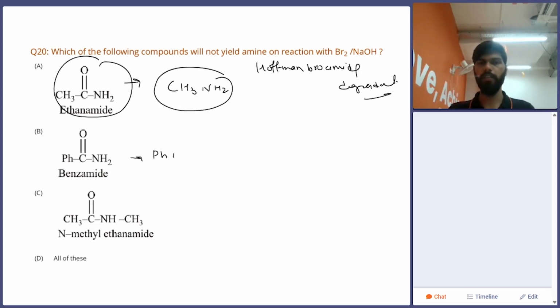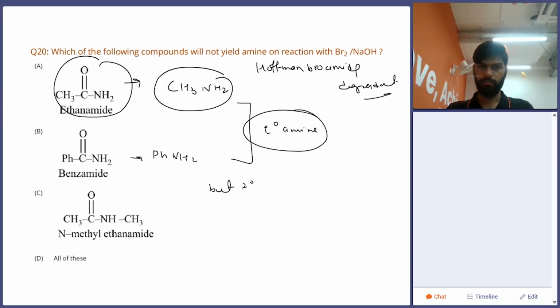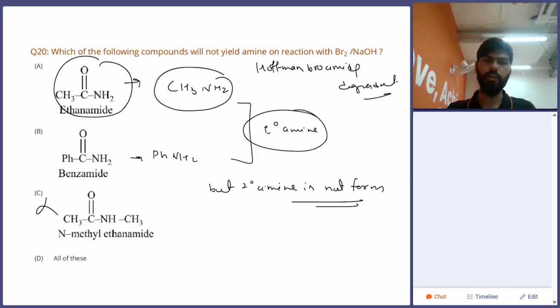This is giving PhNH2. Means through this 1 degree amine is possible, but 2 degree amine is not going to form. If 2 degree amine is not formed, so here option C is incorrect. Which of the following compound will not yield? This one. So I said option C is correct.